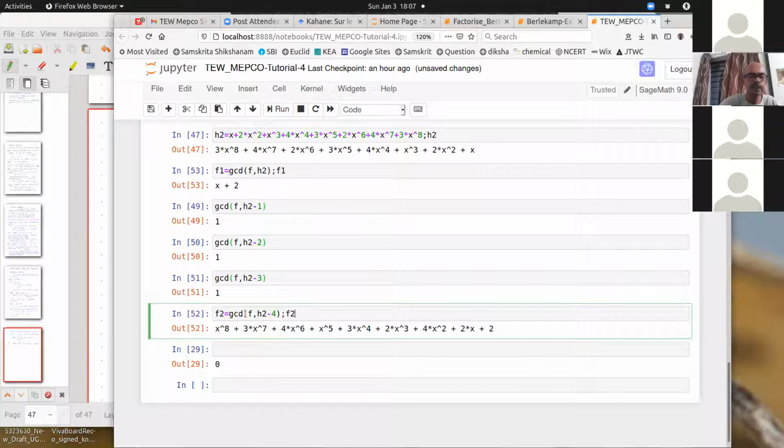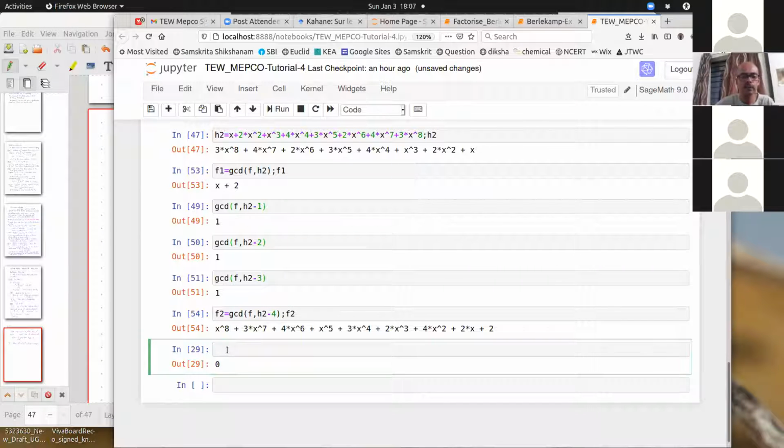Giving names makes it easy to check the factorization. We want to multiply F1 into F2 and then subtract F. Yes, we get a 0. So we got a factorization.